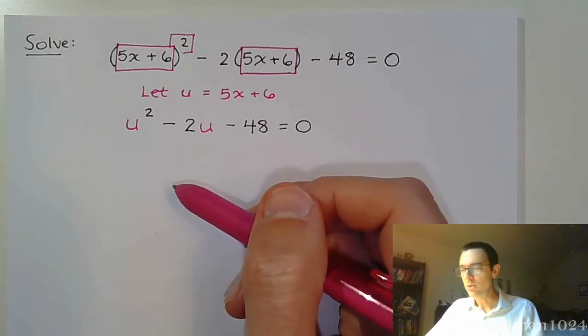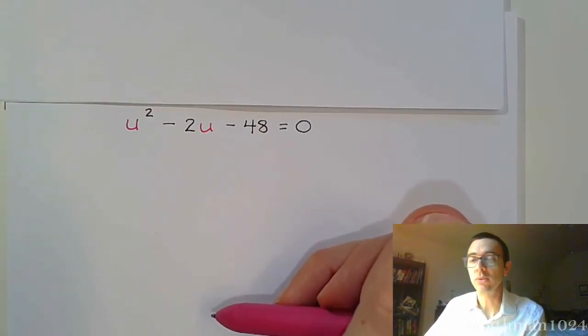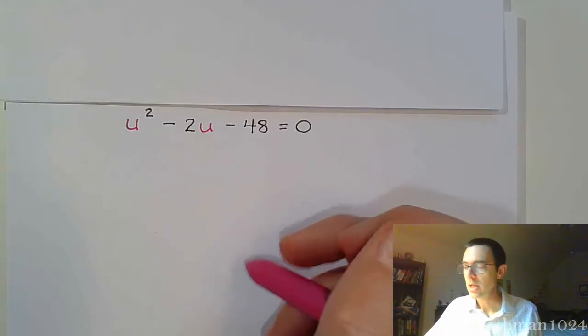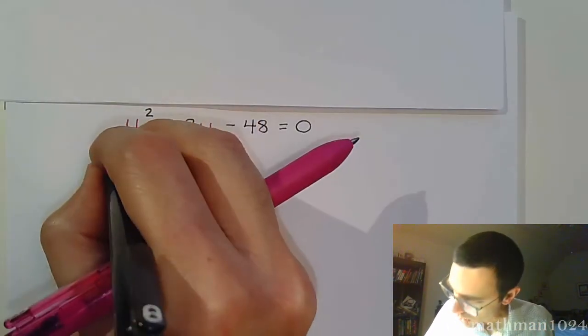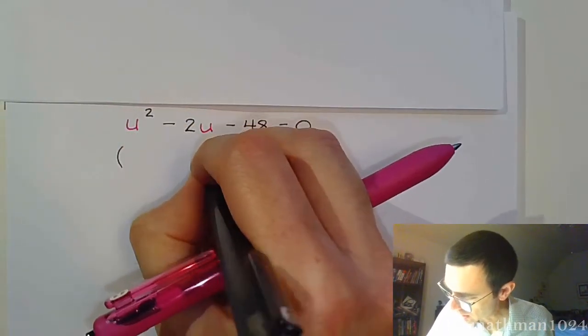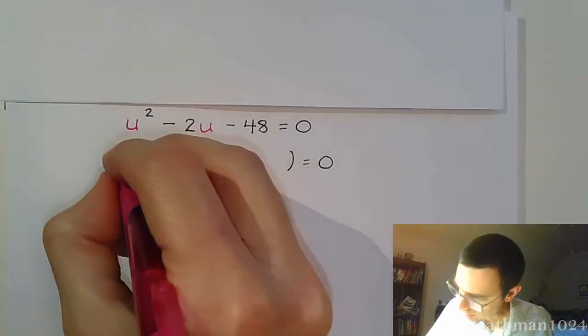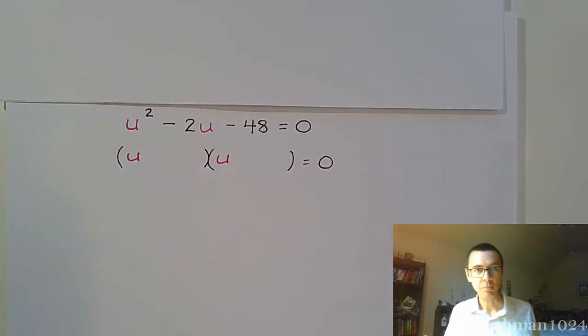Now, if I had given you this problem right here and I asked you to solve that, I hope that you would have said without any hesitation, oh, well, that's u squared, so naturally we're going to factor this and break down that u squared as u times u, right?